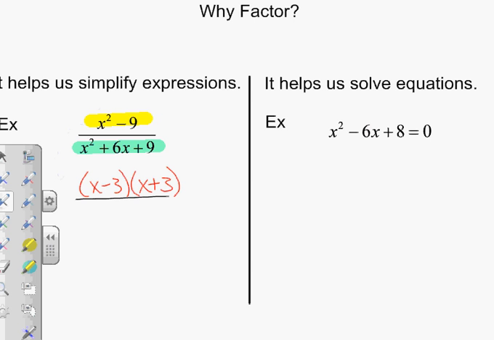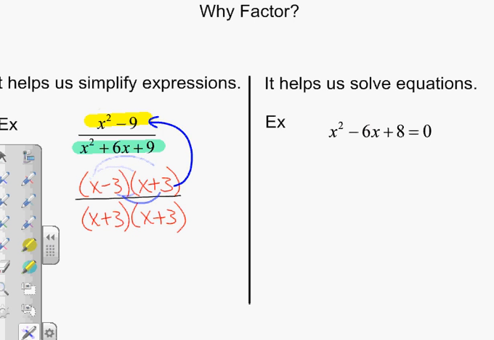Okay? And then this bottom quantity could be factored into the quantity x plus 3 times the quantity x plus 3. Okay? Again, you could just FOIL these out and see that the expressions are equal. You could do this for the numerator and see that they're equal, and you could do this for the denominator and see that they're equal.